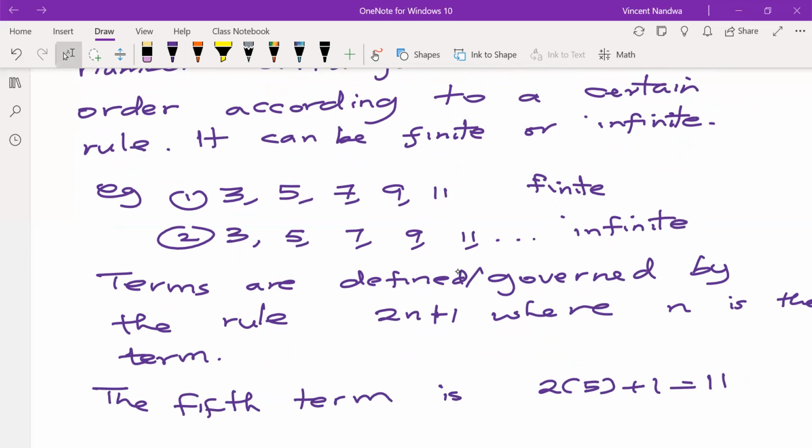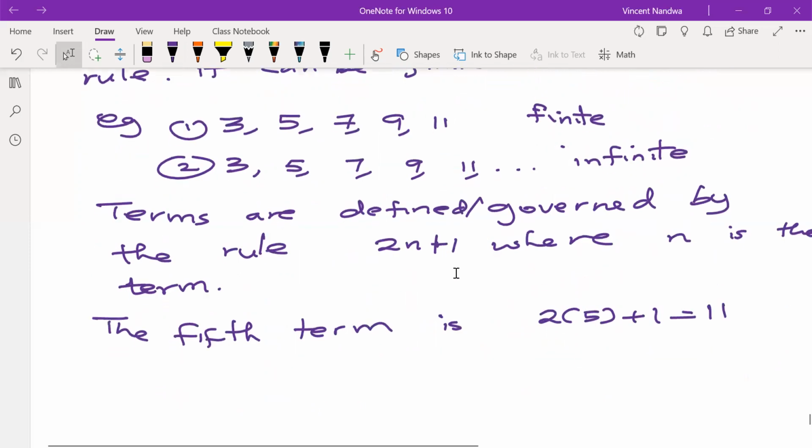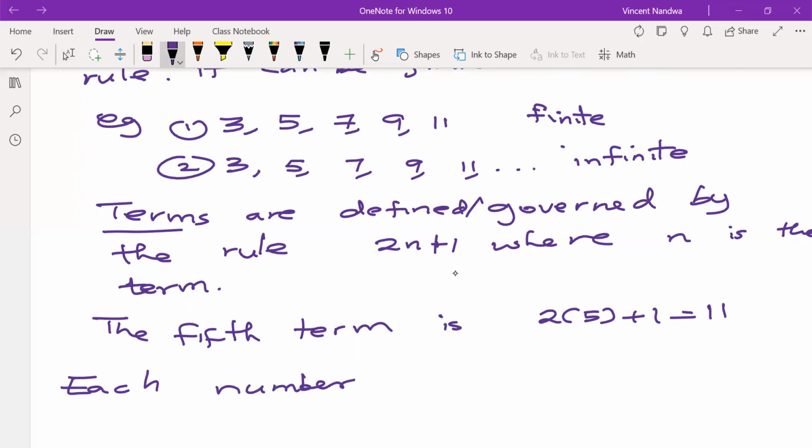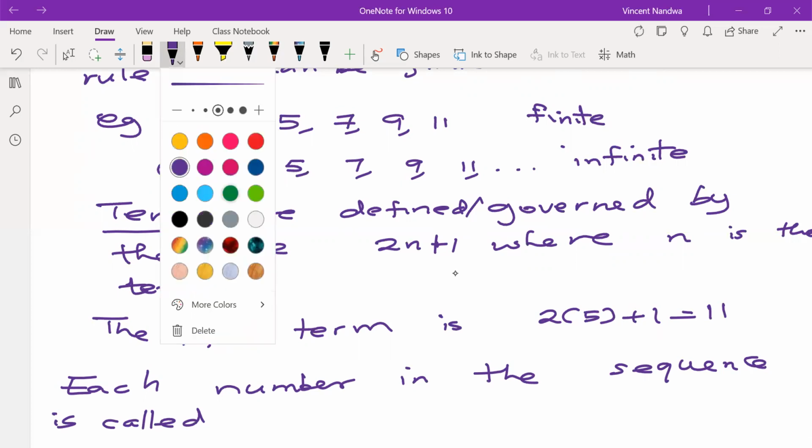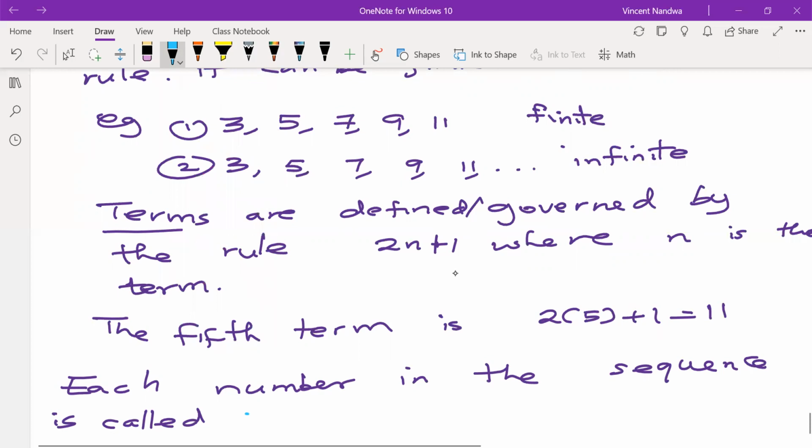So each number in a sequence is what we refer to as a term of the sequence.